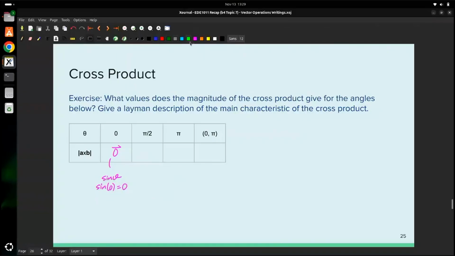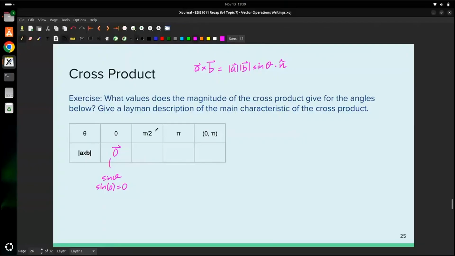Because your cross product A cross B is magnitude of A times magnitude of B times sine theta, then times the perpendicular vector n. N is perpendicular to A and B. So if your sine theta is 0, then you have 0 times n, which will be just a zero vector, a vector of all zeros.